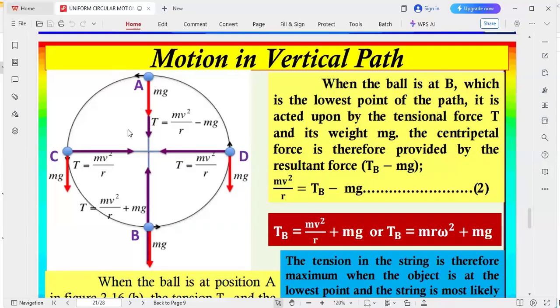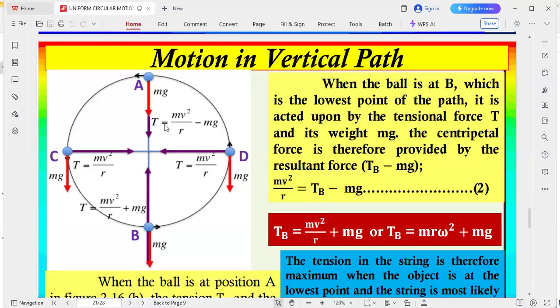Therefore, centripetal force plus mg equals tension, because they are acting in the same direction.